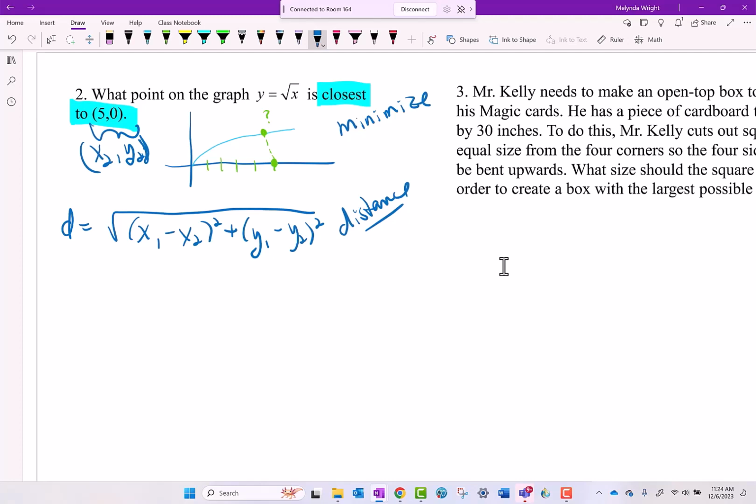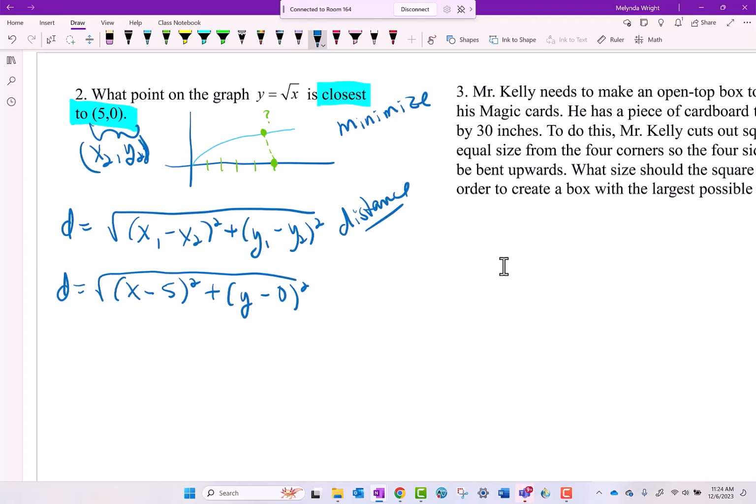So let's sub in that point in our distance formula. That would be x minus 5 squared plus y minus 0 squared. Now we don't have to do the whole x1, x2 thing because we have an x and a y. But I'm only allowed to have one variable, and I have two.